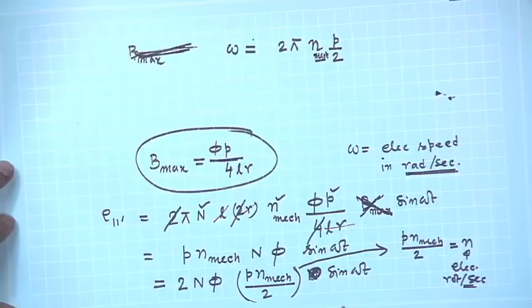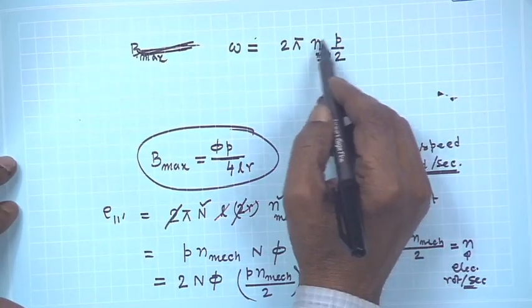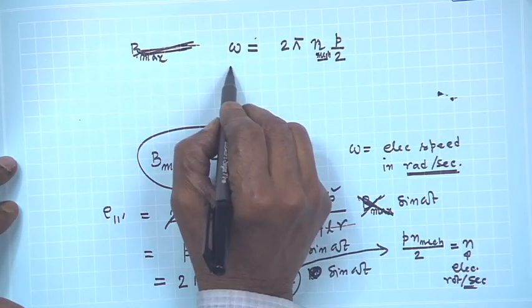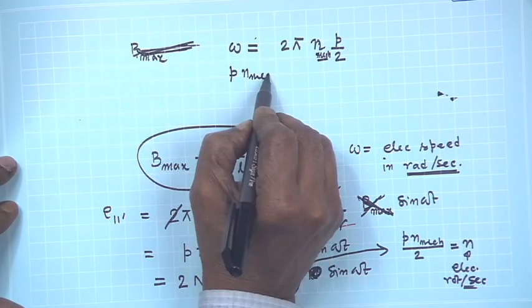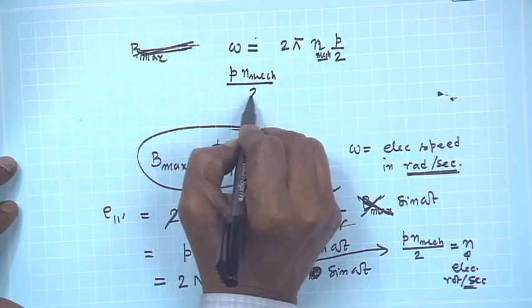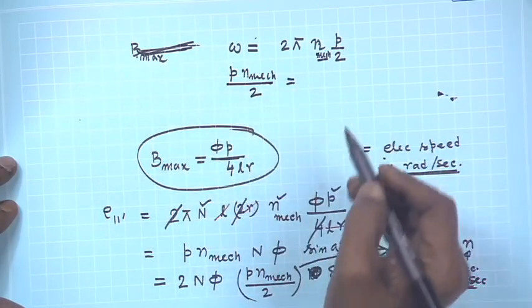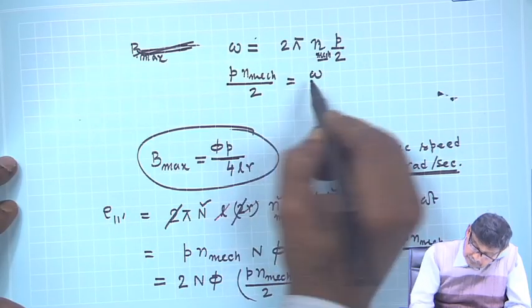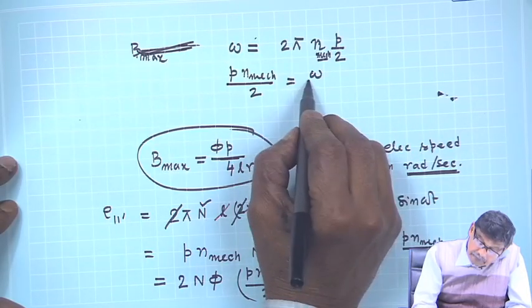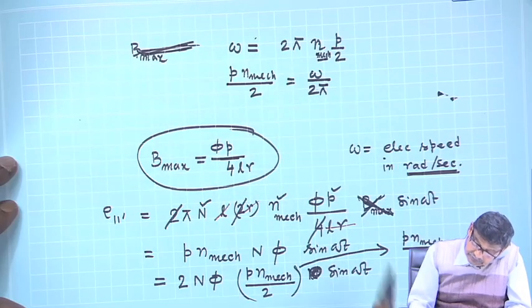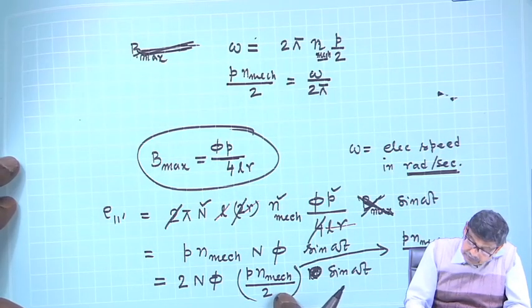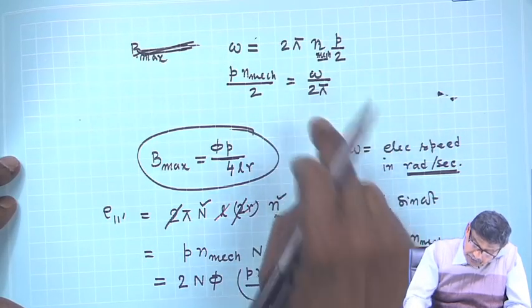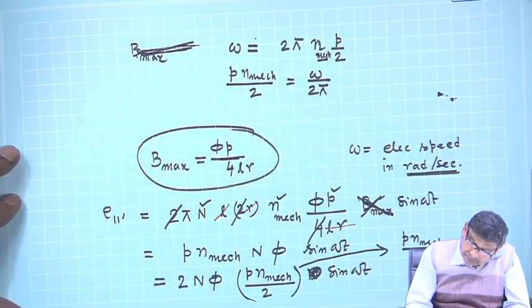Therefore, P n mechanical by 2 is nothing but omega by 2 pi. Is it? P n mechanical by 2 is omega by 2 pi.